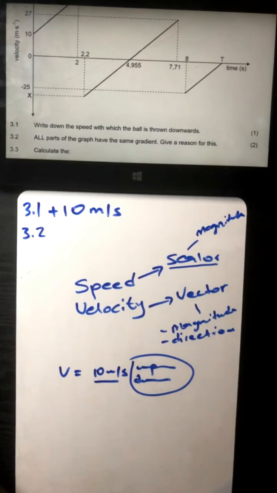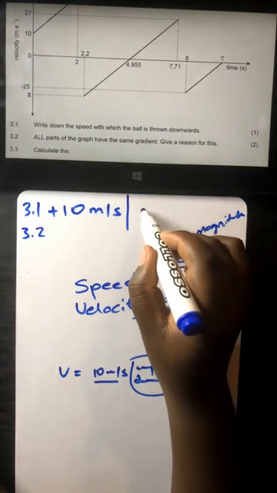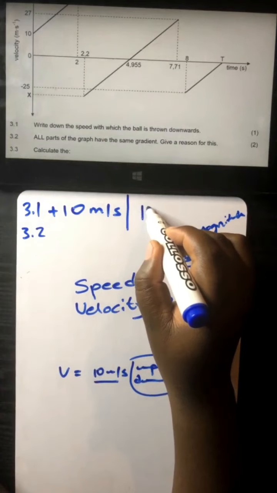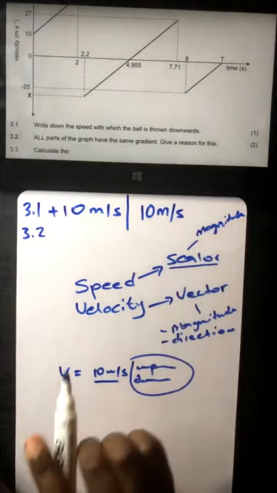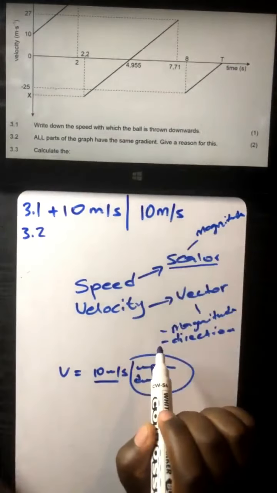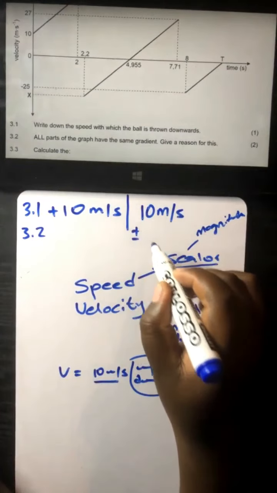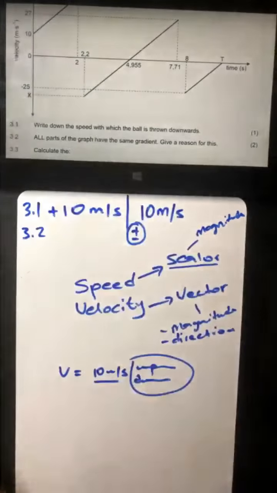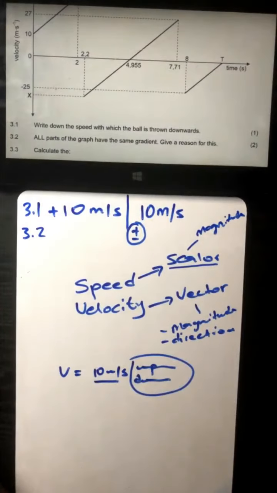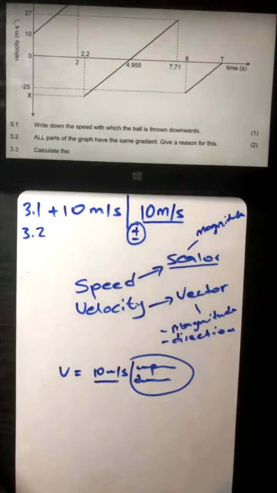So in short, in answering your question, we actually just need to say 10 meters per second. No need for that positive sign. Why? Remember, a positive sign or a negative sign refers to the direction, and on that question, they are not concerned about the direction. They just want to know the speed at which the ball is thrown downwards.